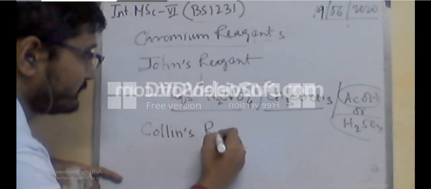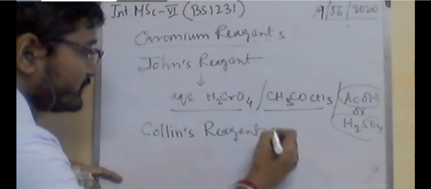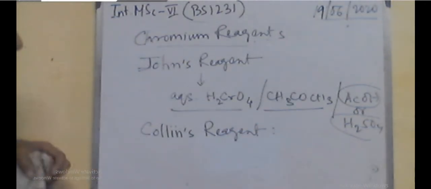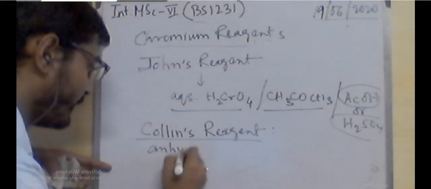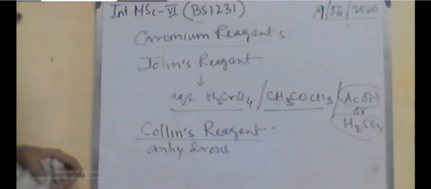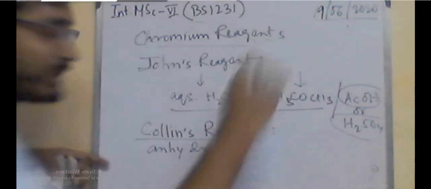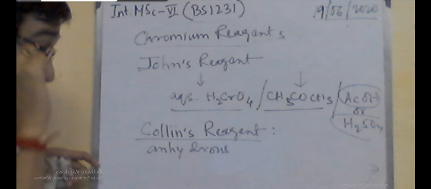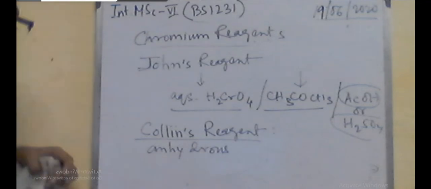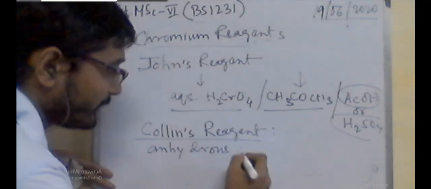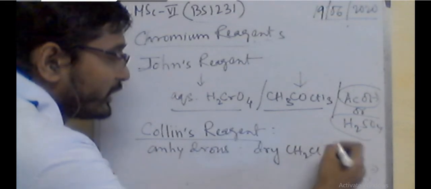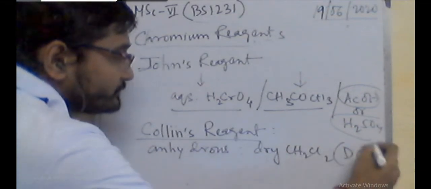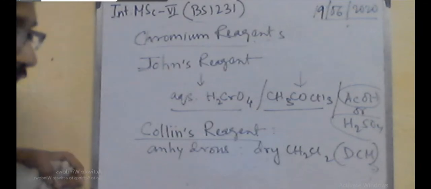The solvent which is used is dry dichloromethane, or in short DCM, and the reagent used is chromium trioxide in presence of dipyridine. So this is the Collins reagent in dry condition or anhydrous condition. This is important: the reagent is chromium trioxide in presence of dipyridine. So this is the example of the Collins reagent.